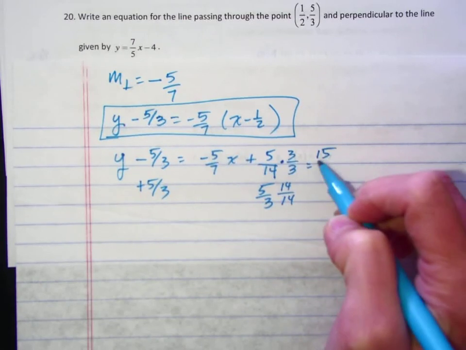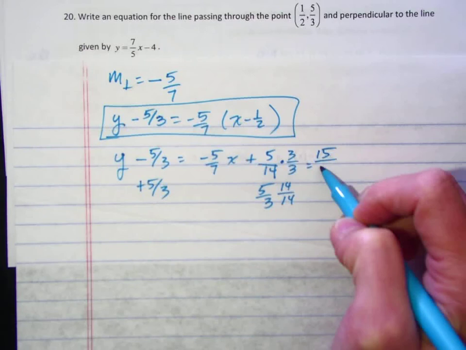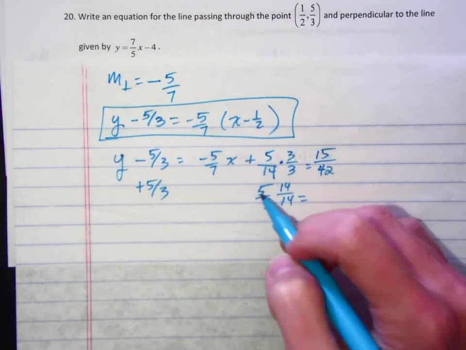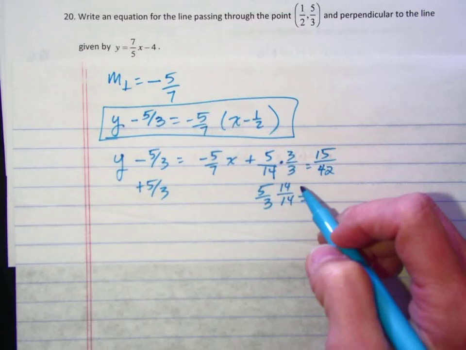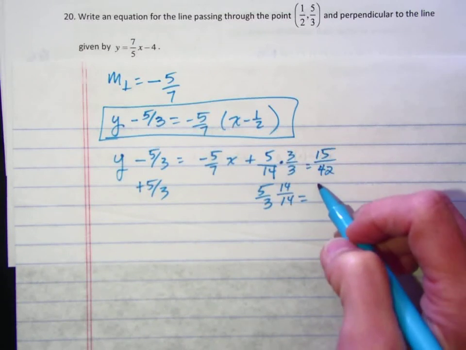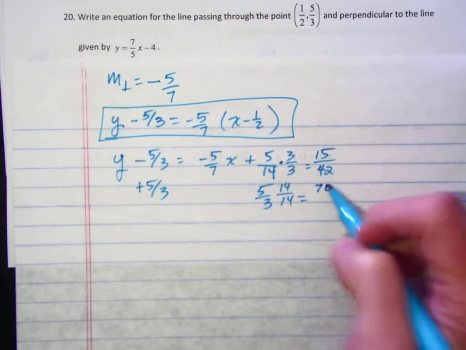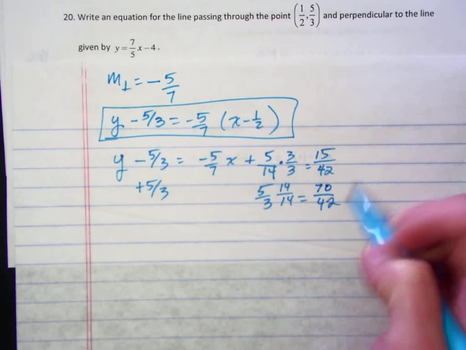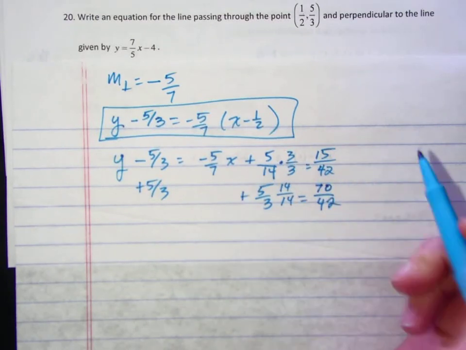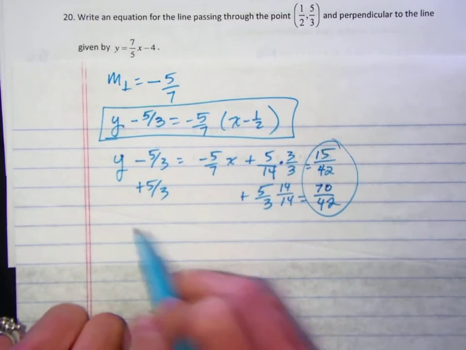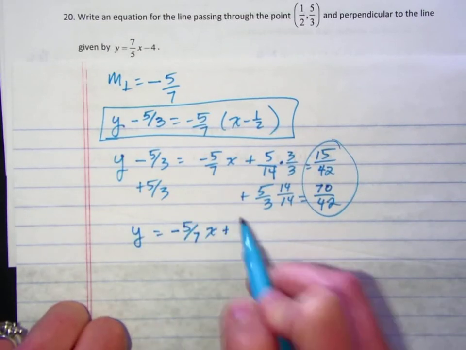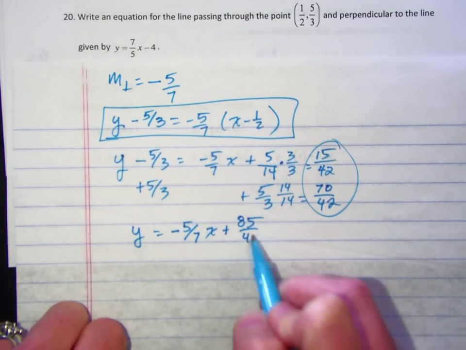So this becomes 15 over 42. This becomes 5 times 14, 70 over 42. And then when we add these two together, because I'm adding 5/3 to both sides, we get y equals negative 5/7 x plus 85 over 42.